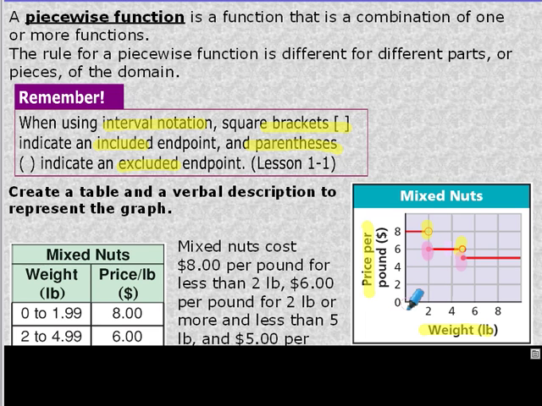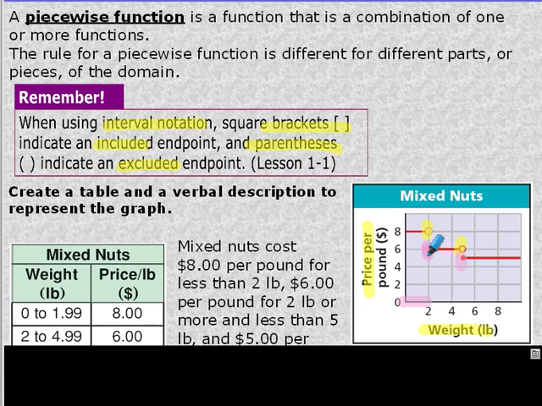Between 0 and less than 2 pounds, we have a cost of 8. So 2 is not included.